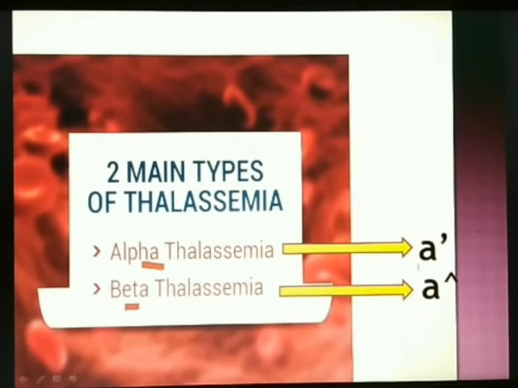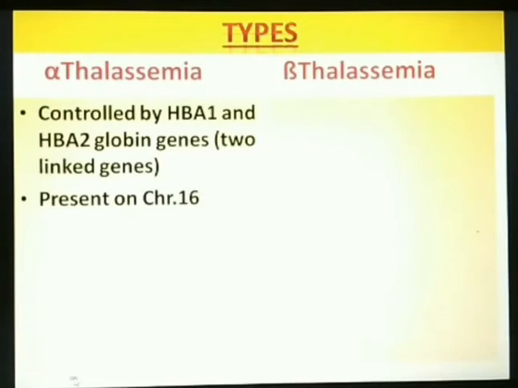Alpha thalassemia is also said to be A-dash chain or A-dash thalassemia, and beta thalassemia is also known as A-cap thalassemia. Alpha thalassemia is controlled by two genes, HbA1 and HbA2 globin chains, and these two genes are linked together on chromosome number 16.